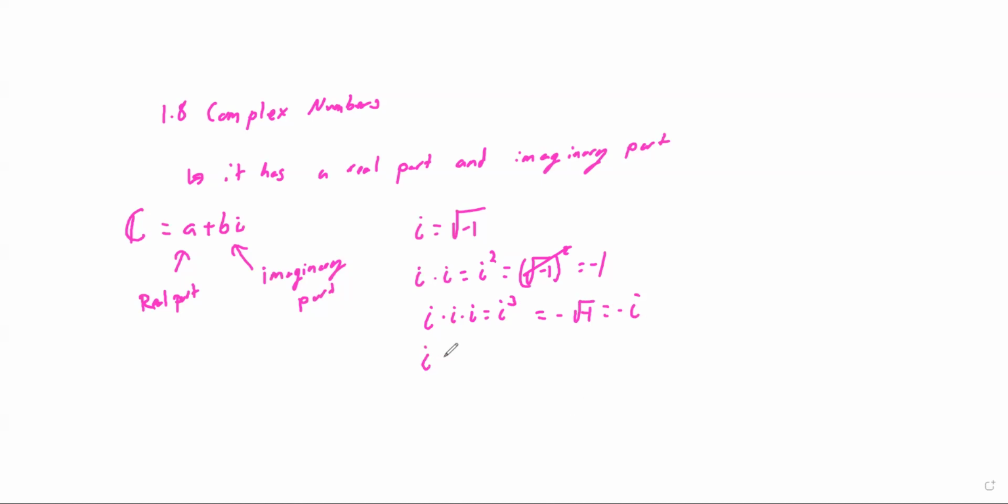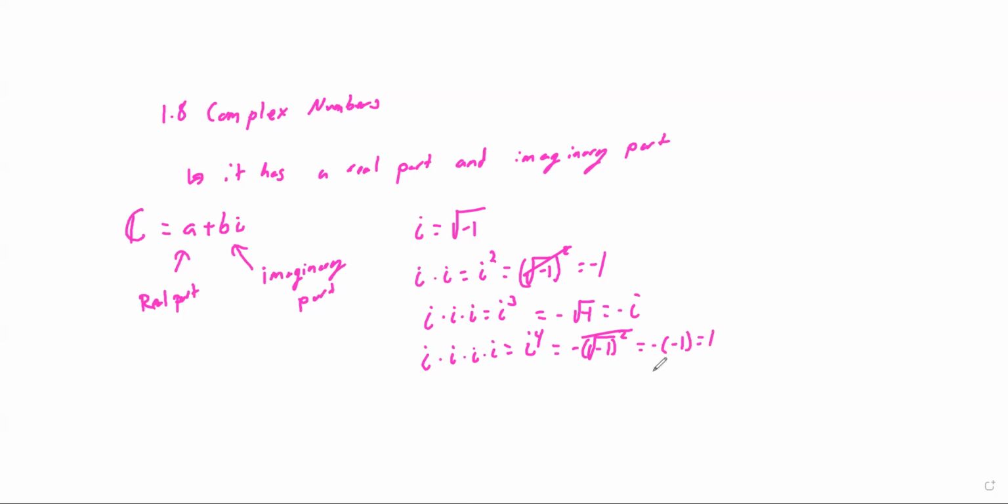And then we learned if we do i times i times i times i, we would get i to the fourth, which is pretty much i cubed times i, which is negative square root of -1 times the square root of -1. Those cancel, and then you'd be left with -1 times -1, which gave us a positive one.